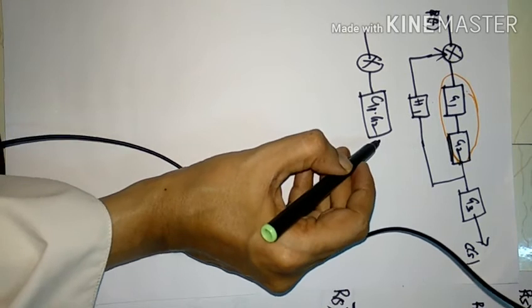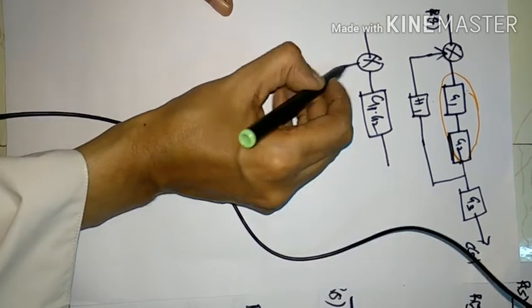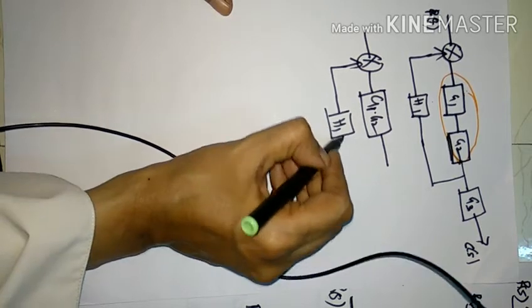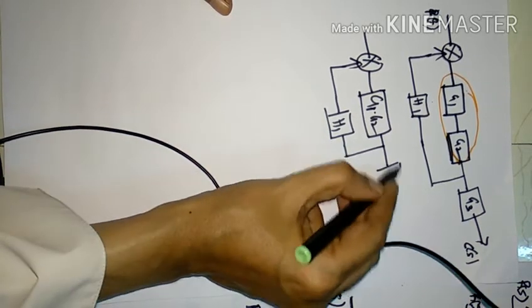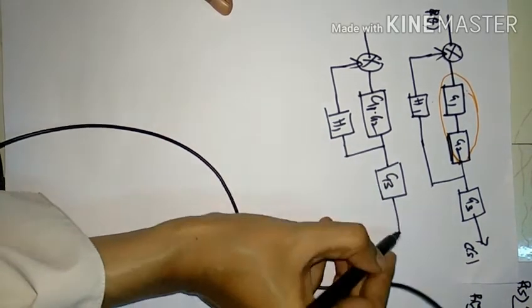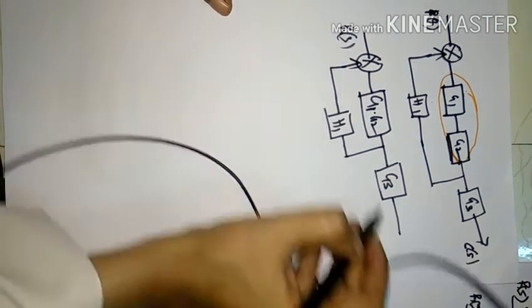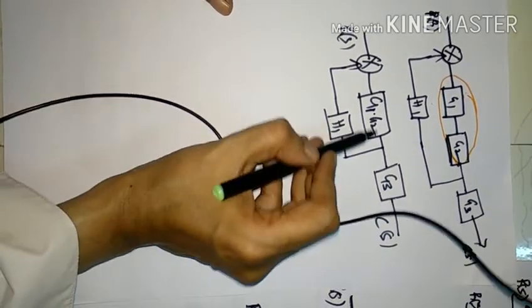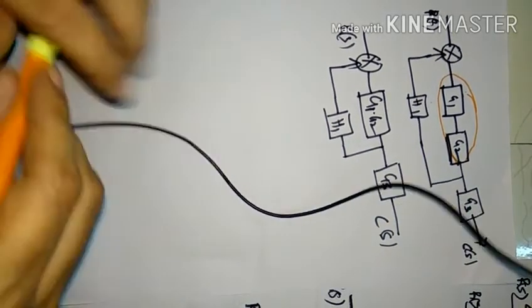Here it will be H1 as it is. Afterwards we will eliminate it, and then it will be G3, with R(S) and C(S). Are you getting it? This is step 2. Next, now we will eliminate this loop.